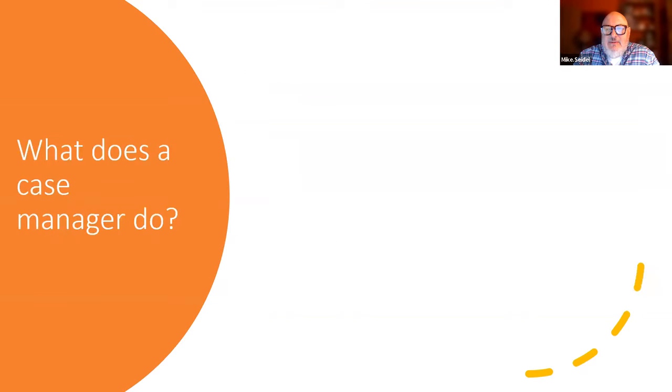So what does a case manager do? If we look at this, a nurse case manager can work in an inpatient capacity or outside a facility, and which one it is can determine what their role is. Inpatient case managers will be managing to ensure the stay in the facility is approved and coordinating what is needed to meet a discharge date.